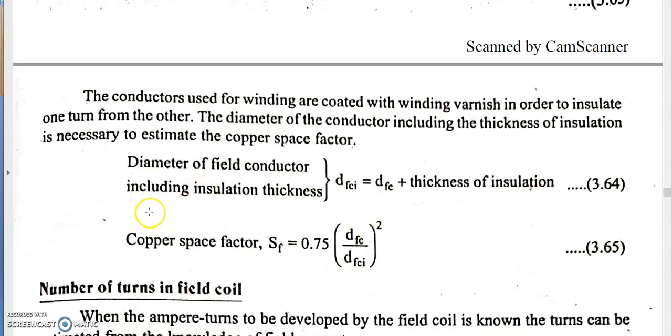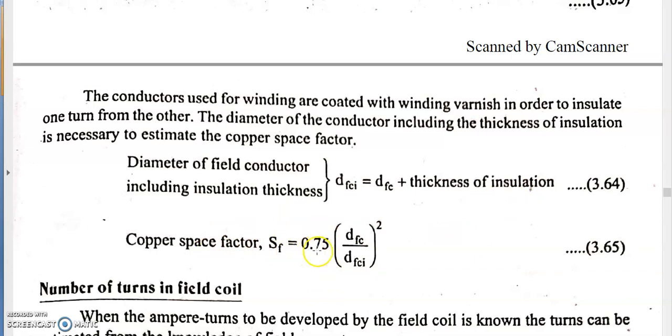Then the diameter of the field coil including insulation, because each conductor will be insulated from the others, with a thickness of insulation. So the diameter of the field conductor including insulation thickness, DFCI, is equal to DFC plus thickness of insulation. Once DFC and DFCI are known, the copper space factor will be calculated, and this will be used to calculate HF and TF in the two unknown equations.